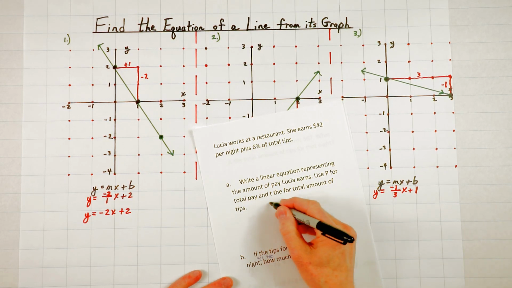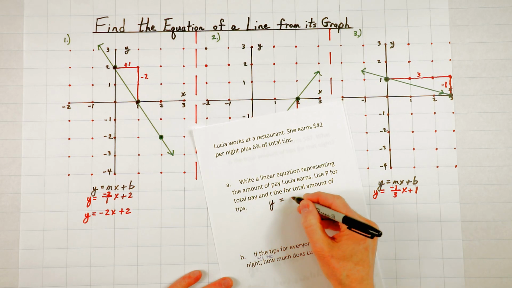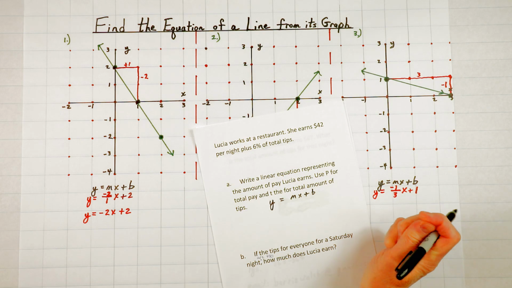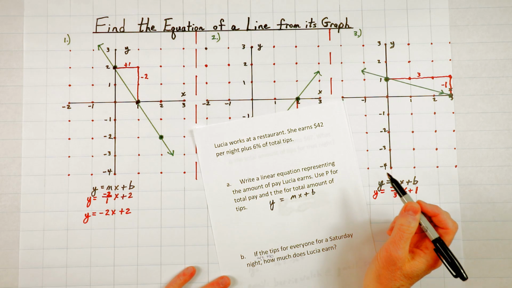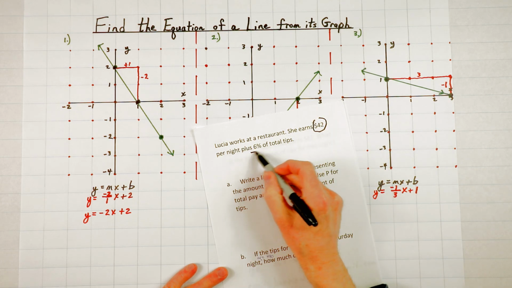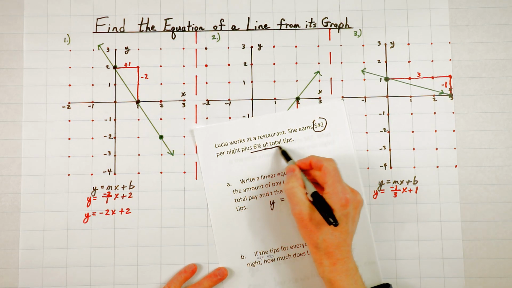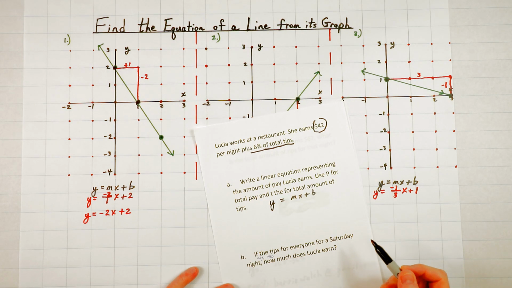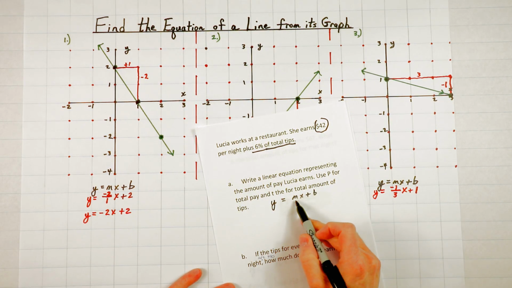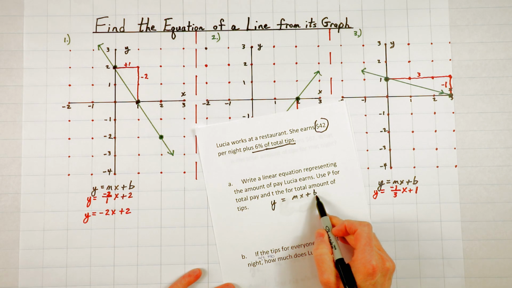Okay, so let's start off with y equals mx plus b. Okay, so we have two numbers here. We have the $42 and we have the 6% of total tips. And the question is, which one goes where? What is the m and what is the b?